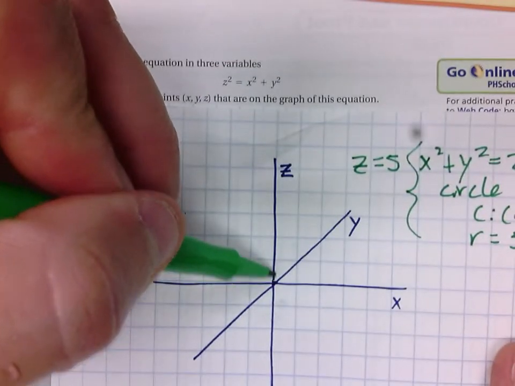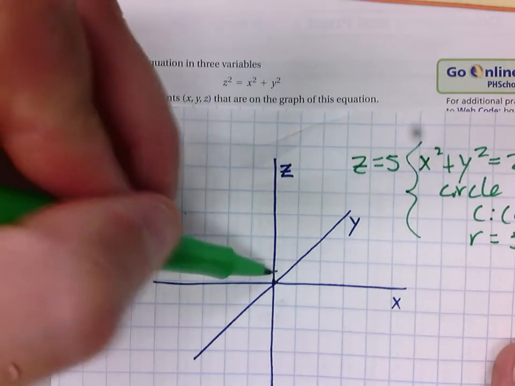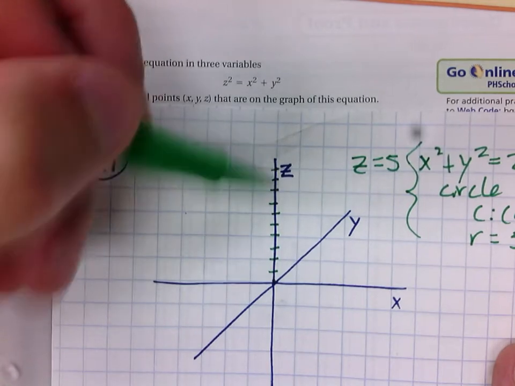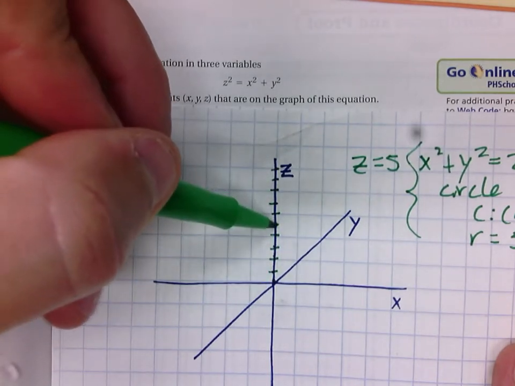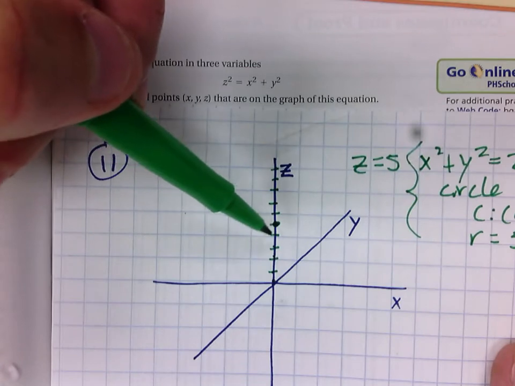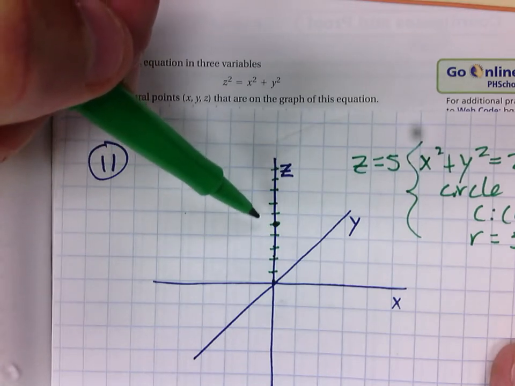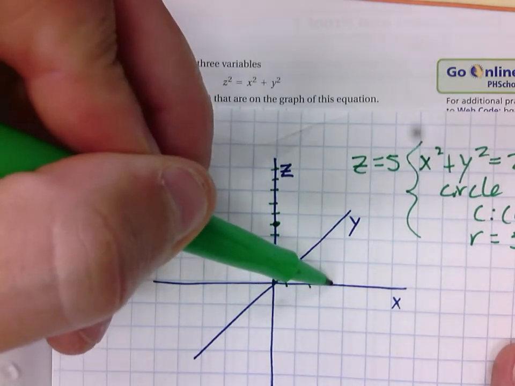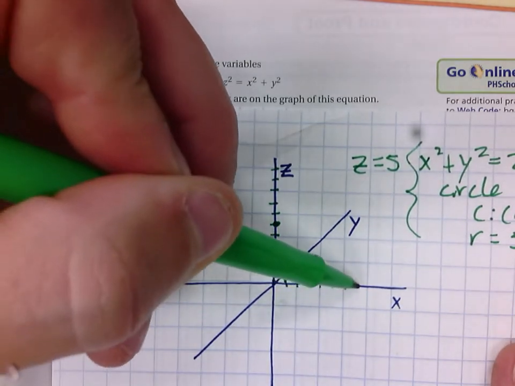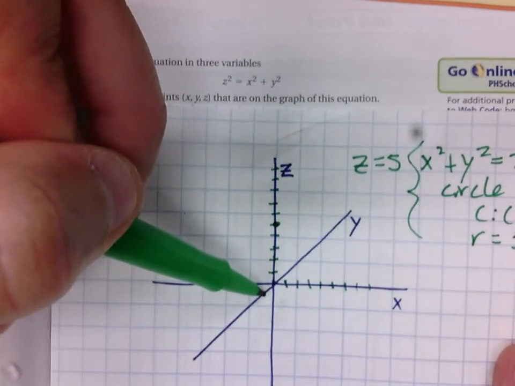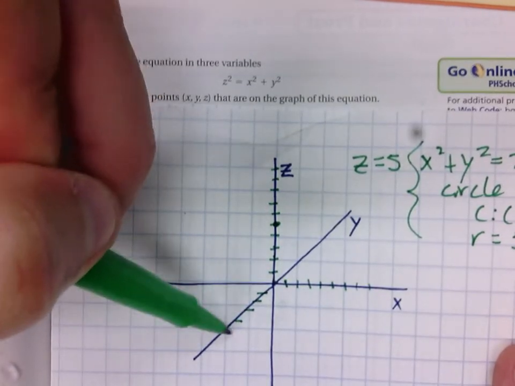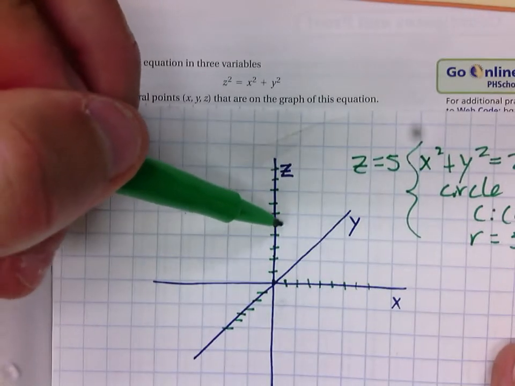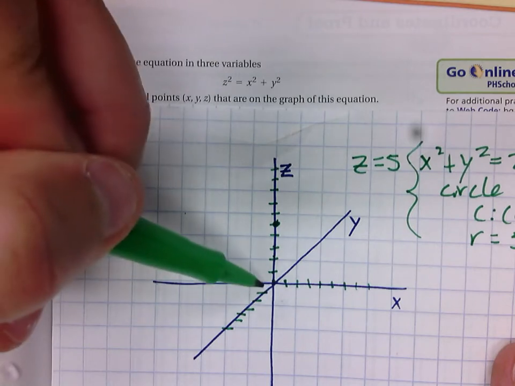So if I were to actually count up when z equals 5, and let's go by a little bit smaller units here. So 1, 2, 3, 4, 5. So right here at z equals 5, and this is a little bit hard to get your mind wrapped around, no pun intended, I'm going to go out 5 on these axes as well, because what we have is, and this is kind of a weird funky thing to draw, up here a circle with radius 5.